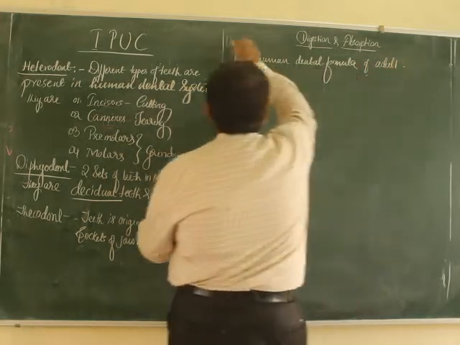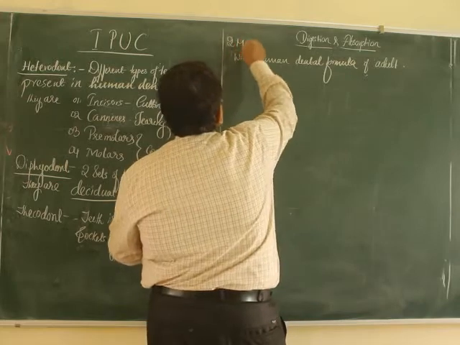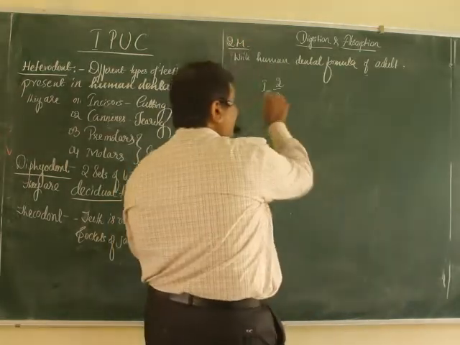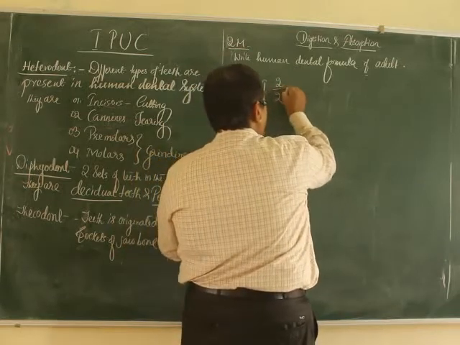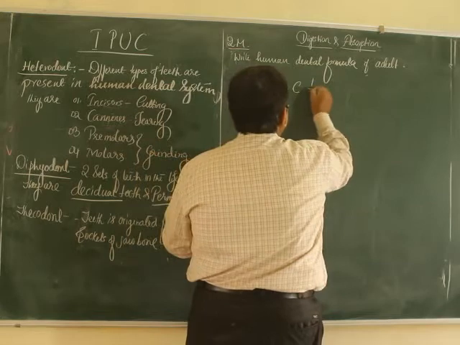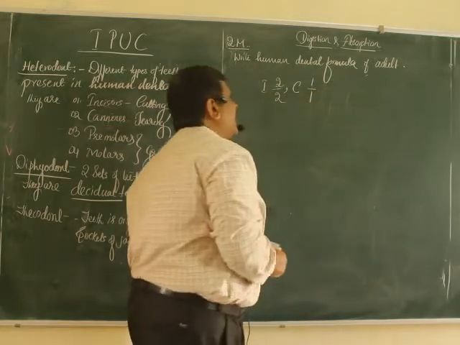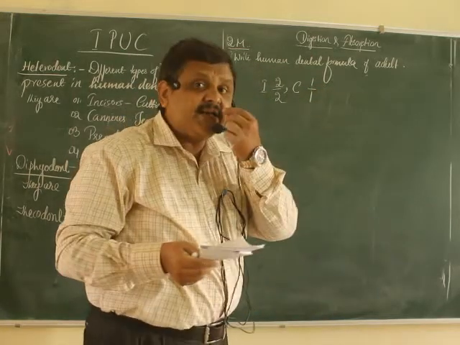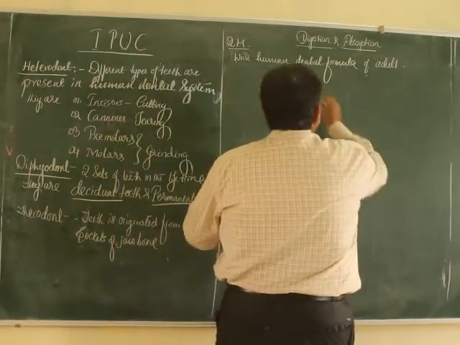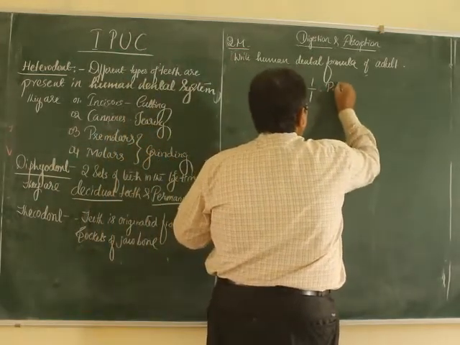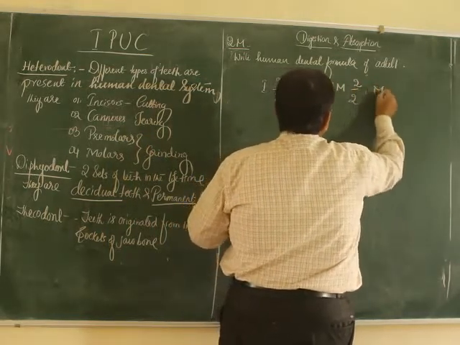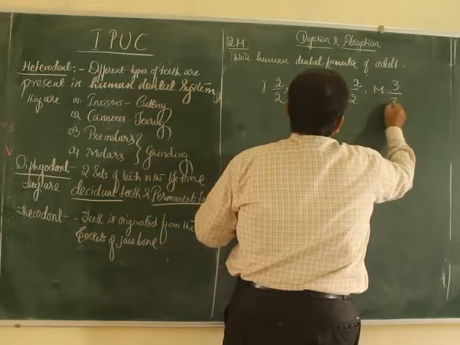This can be asked for 2 marks. No need to write incisor, I is enough. Then canine 1 by 1. What is this 1 by 1, sir? In the upper jaw there is one, in the lower jaw there is another. Then premolars 2 by 2 and molars 3 by 3.